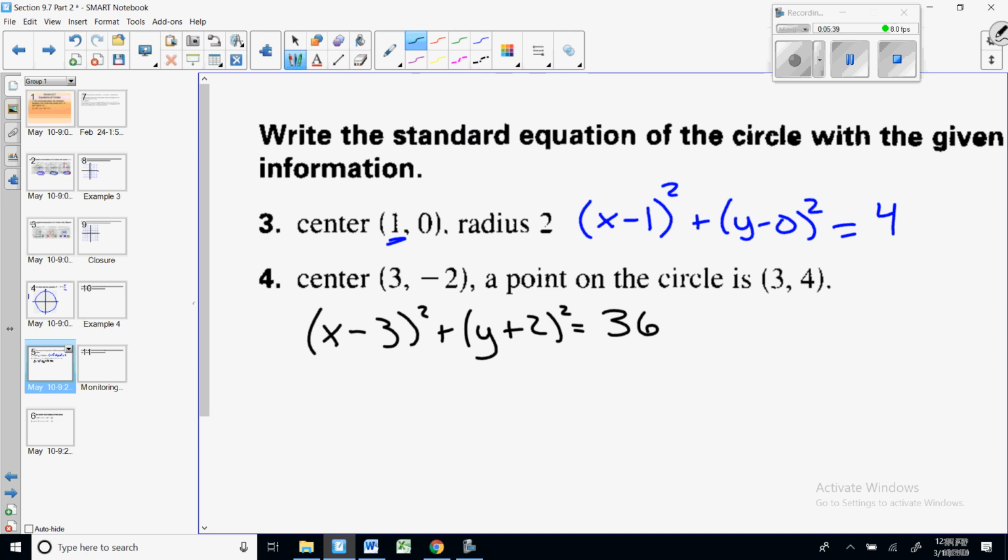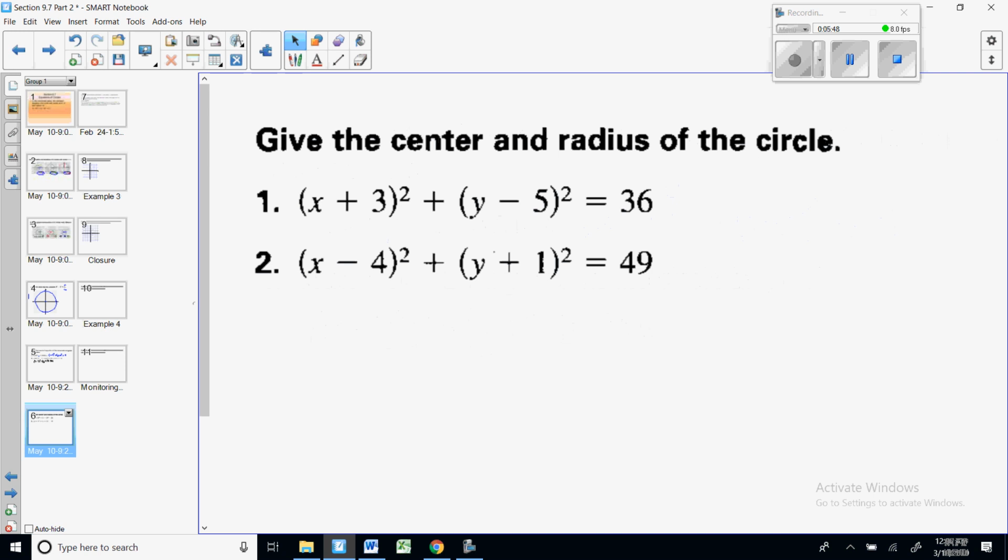Okay, as we move forward, you also have to be able to go through your formulas or your circle equations and work backwards in order to find the center and radius. So we take a look at our center here on number 1. We know that we're going to go opposite sign of our coordinate in with x. So since I have x plus 3, that's going to give me an x-coordinate of -3. And since our y-coordinate is y minus 5 in the parentheses, that means my y-coordinate is +5.